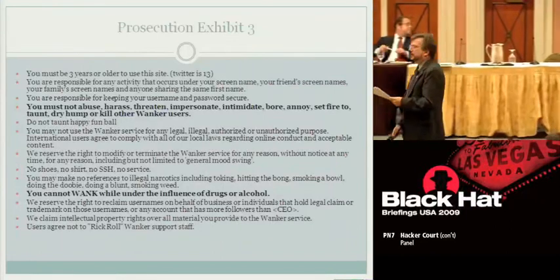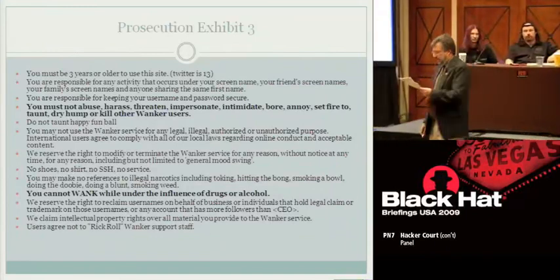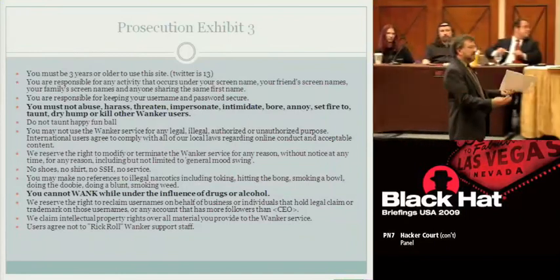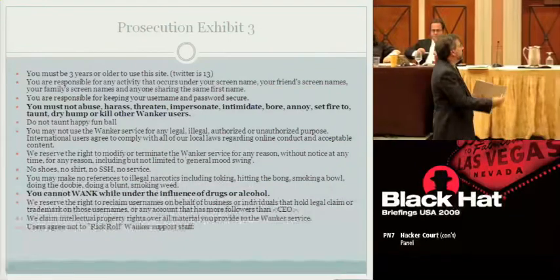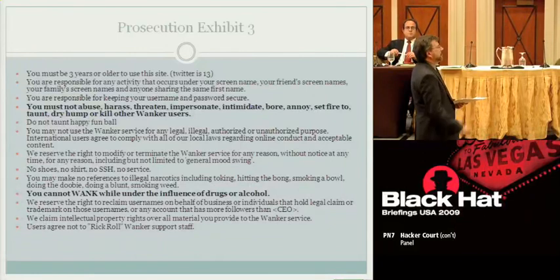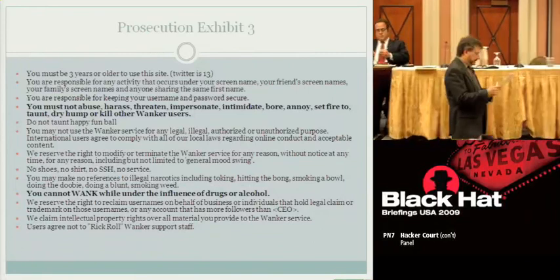Under the government's expansive view of the Computer Fraud and Abuse Act, a person's access to WANKER would be criminal if that person used WANKER, even if they were one of the 1 in 10,000 who read the terms, understood the terms, and obeyed the terms, and then a new term was added to it. They didn't go back to the terms of service and read it every time they got onto the service before they sent 138 characters to their friends.